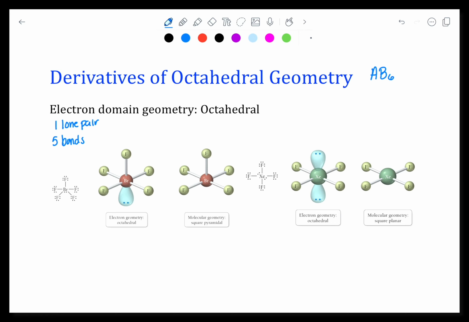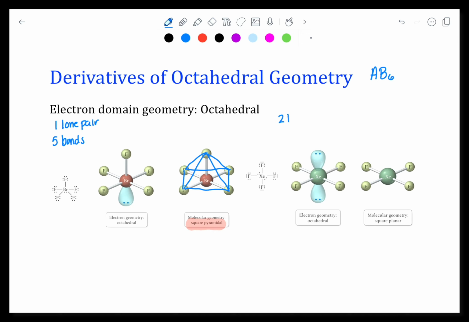For our molecular geometry, this now becomes square pyramidal because we make a square which then forms a pyramid. We just removed that other half of that pyramid by removing that lone pair. So if we're looking at just where the bonded atoms are, it makes a square pyramidal shape. So that's 1 lone pair.